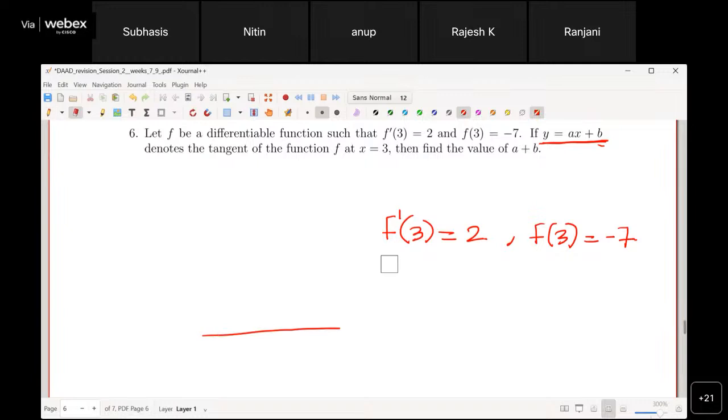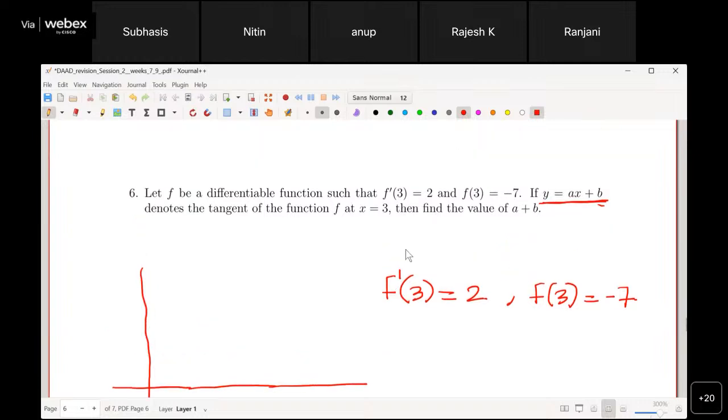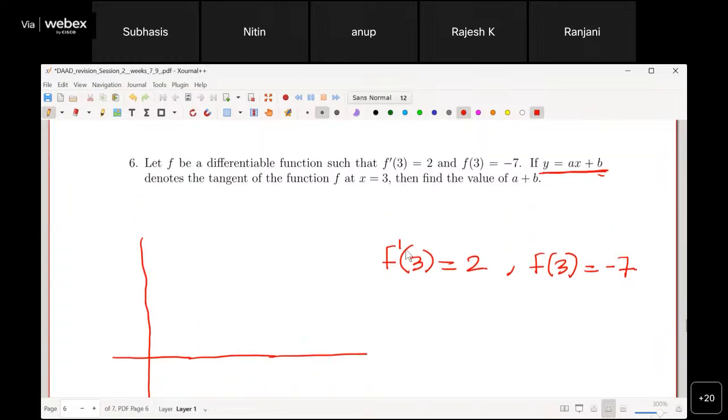So anyone wants to try this question? Any idea how? Yeah, I'd like to try it. So basically it's saying that the tangent of the function is given by ax plus b. Okay, so if f of x is a function, then f dash of x is equal to ax plus b. No, not ax plus b. f dash is the derivative of the function. This is a line. Yeah, so the derivative is given by the tangent at that point, right?